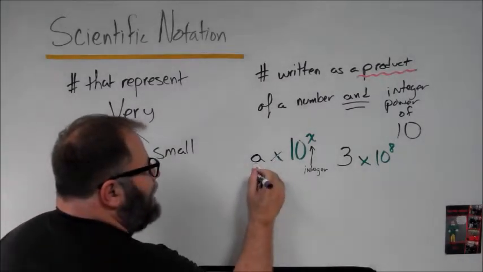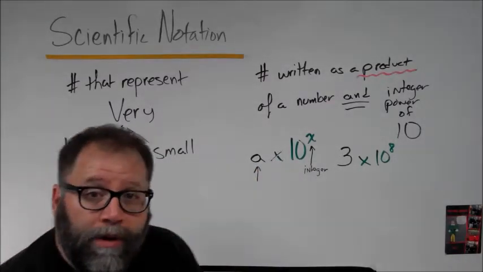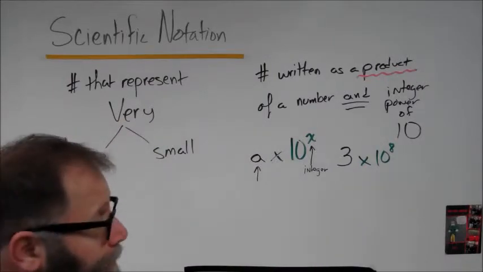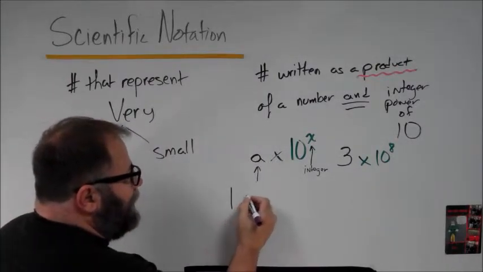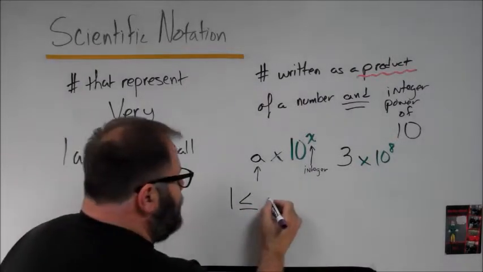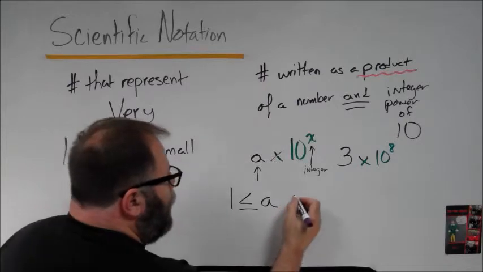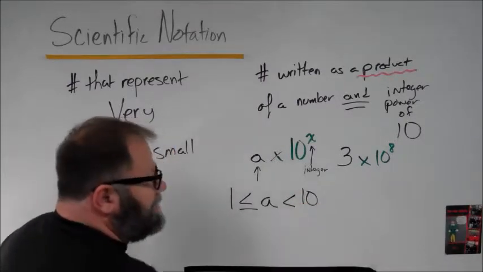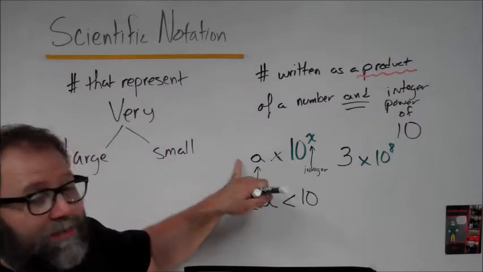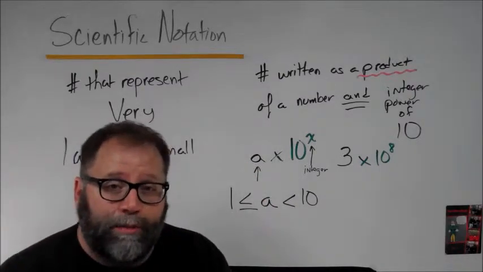And this number has rules. So for scientific notation to work, this number has to be between a set parameter. And that means it needs to be greater than or equal to 1 or less than 10. Now the point is, what we want in this spot here is just to be at the ones place.